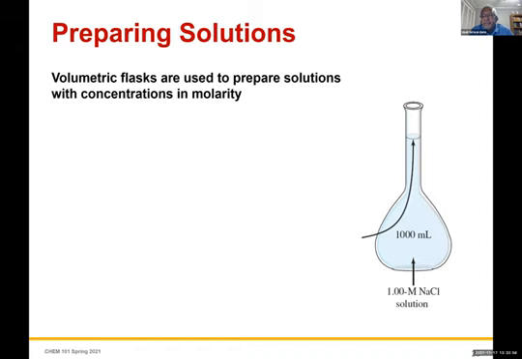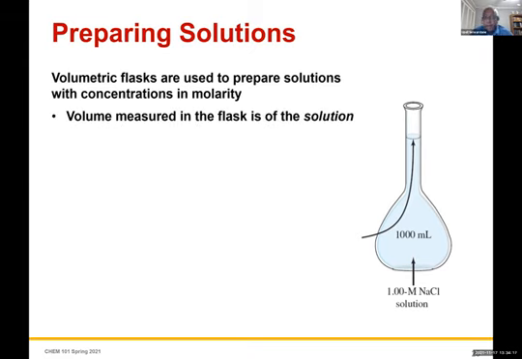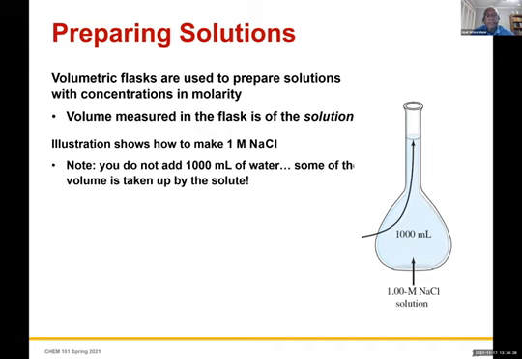We have different sizes, 50, 100, 500, etc. Depending on the amount of solution you need, you pick the certain volumetric flask and add moles of sodium chloride and volume of the sodium chloride calculated to give the desired molarity. This example shows 1 molar sodium chloride solution.